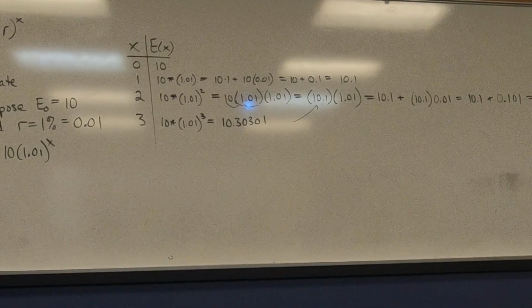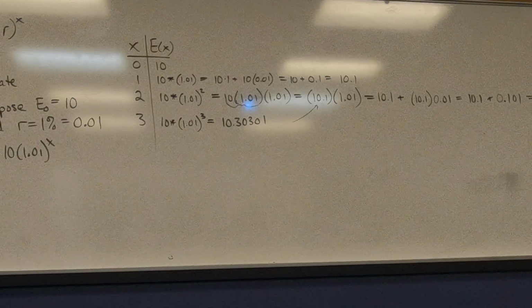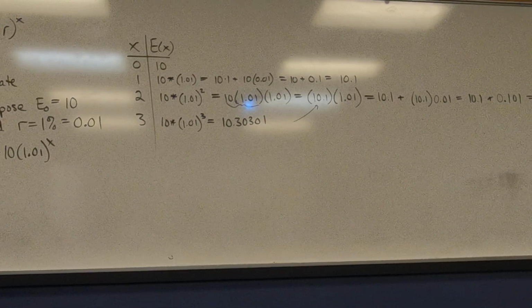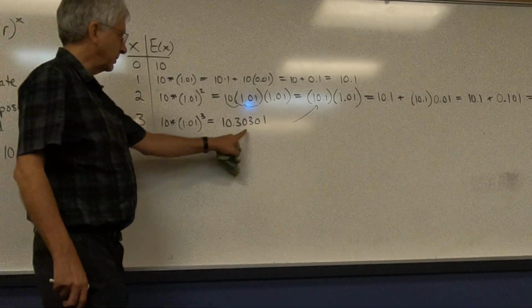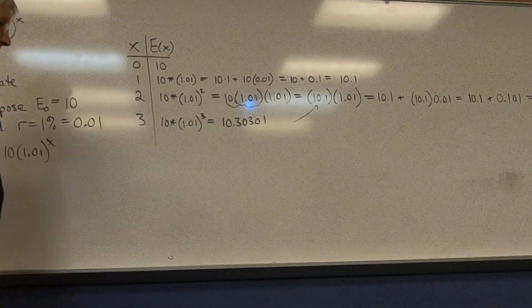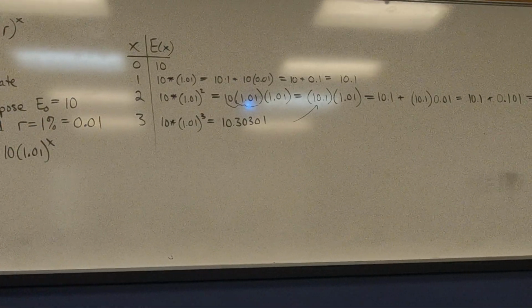So a little bit more than 3%. Simple interest would give you 3%. Compound interest gives you a little bit more, and you might say these numbers don't make a big difference. Well, they don't, but they do make a difference, and over time, that can be significant.